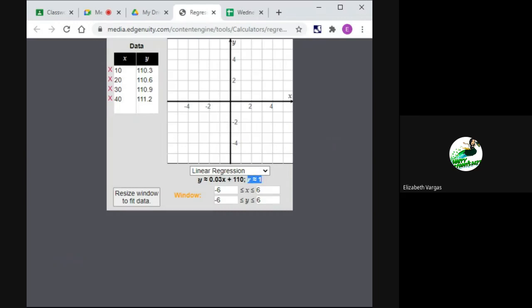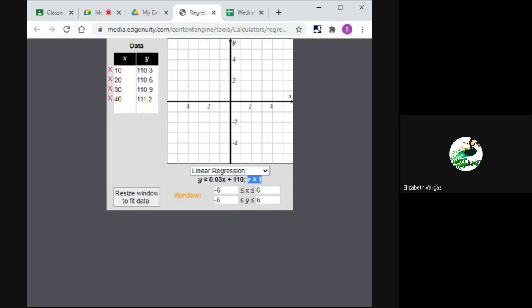And because I have 1, what I will find is that I have a perfect positive correlation, right? And then you can see here, I got the same linear regression equation or trend line equation that I had before, right? So this calculator will give me that equation, and it will also give me the correlation coefficient.